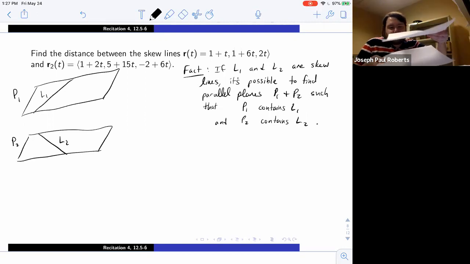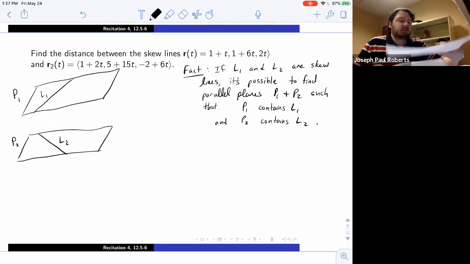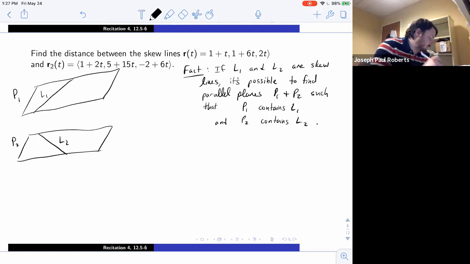So you can't really see the lines anymore, but we have a line in this one, a line in that one that don't have the same directions, but that's the idea. And this fact is a little bit tricky to convince yourself of. If you're skeptical and don't really believe it, we're going to do it in a second, and you can just check.